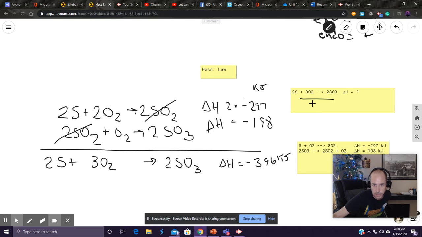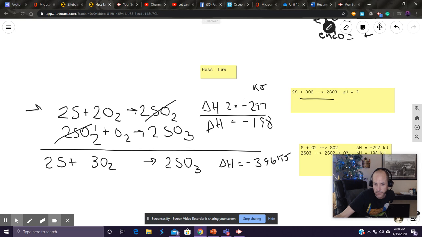You'll be given exemplars down here of reactions with known values, and you have to try to build the target reaction using those, either by flipping them or adding more to them. Like the first one over here, it's missing a 2. So if I put a 2 here like I did, times 2, times 2, I also have to do whatever I do to the equation to the products.